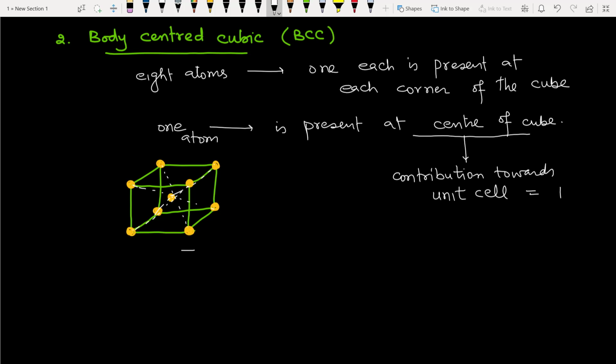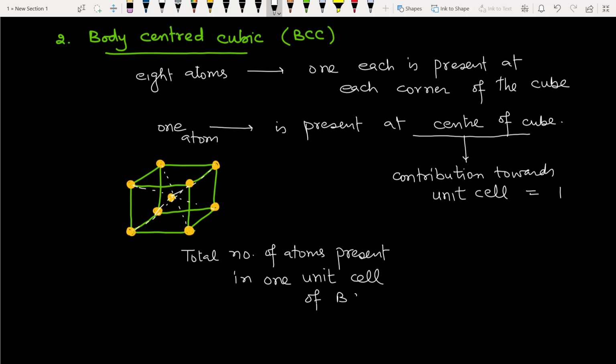So the total number of atoms in one unit cell of BCC arrangement: 8 atoms at the corners with contribution 1/8, and 1 at the center, the 9th atom, with contribution 1. So it will be 2 atoms per unit cell.